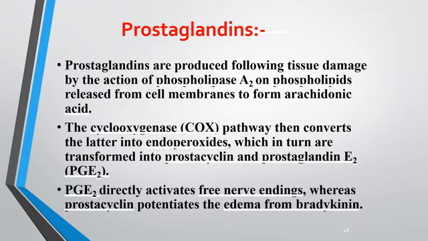The prostaglandins are produced following tissue damage by the action of phospholipase A2 on phospholipids released from the cell membranes to form arachidonic acid. So out of all those, histamine, serotonin, bradykinin and prostaglandin, the main thing is the prostaglandin. So we are going to see about the prostaglandins.